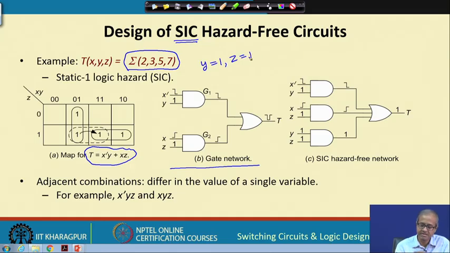This is fixed and x was 0, and I make a single input change, I make x equal to 1. So, when x changes from 0 to 1, x bar changes from 1 to 0. Now, you see the delay of these two gates can be different.